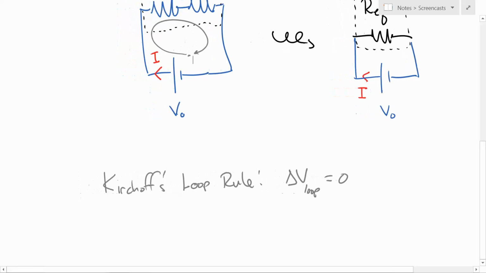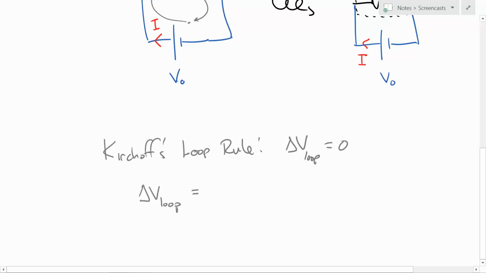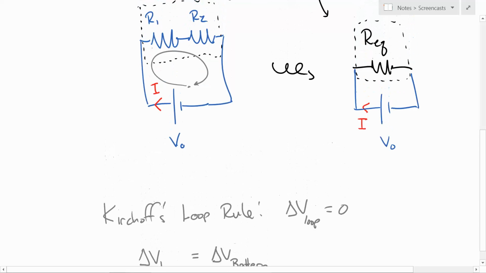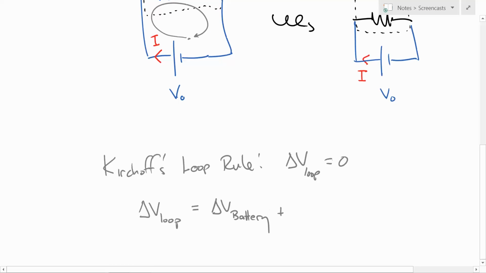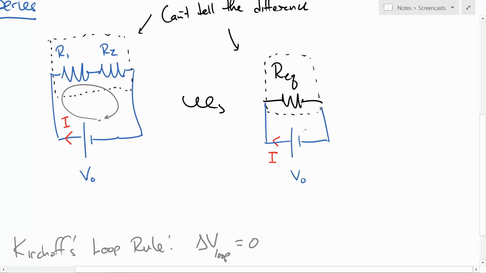To write down the loop potential means that I have to say that delta V loop is equal to the change in potential for every element I cross. So that means the battery, that means R1, that means R2. I'm going to do the same thing over here.